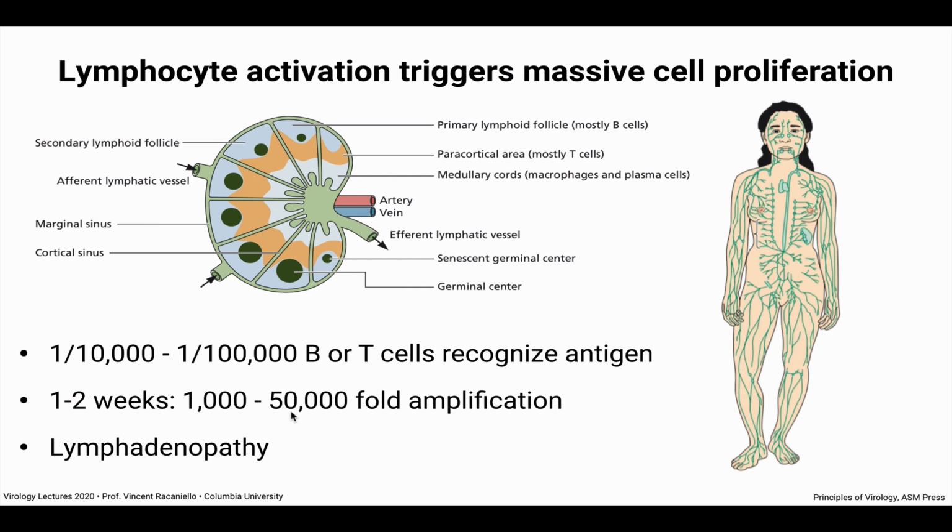So if you're infected with a virus and a dendritic cell is picking up viral antigens, presenting them to T cells in the lymph node, the T cells are getting activated. They proliferate extensively. And that's why your lymph nodes swell when you have a virus infection. It's a process called lymphadenopathy.